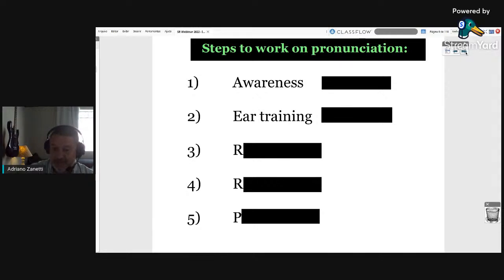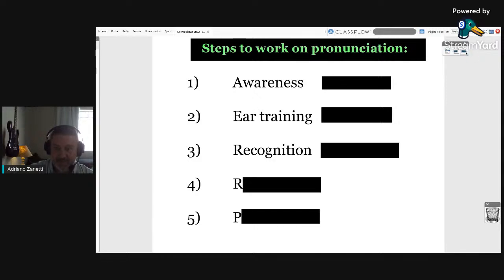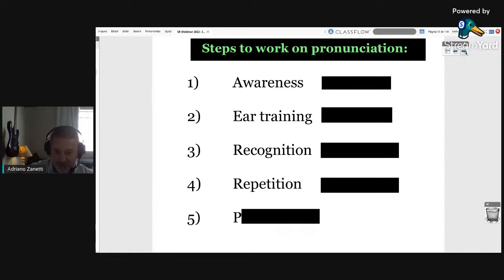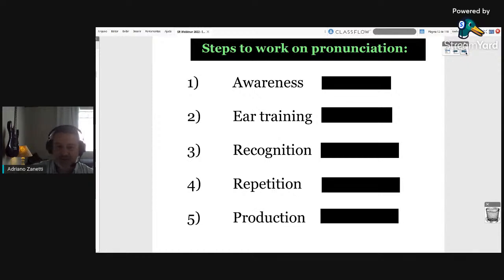And that's the part where drills, repetition comes next, because then you have your ear being trained, then you recognize what is being heard, then you start repeating what you heard, what you recognize, and you start with later on the production. So it's just like a cycle.